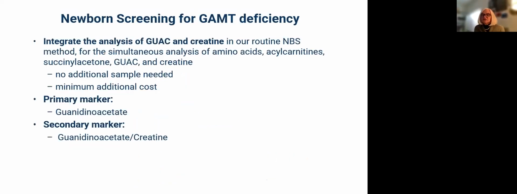So the goal, when we started working on newborn screening for GAMT deficiency, was to integrate the analysis of guanidinoacetate and creatine in our routine newborn screening method. This is possible, so we can measure these two analytes at the same time as we measure amino acids, L-carnitine, succinylacetone. This will allow us to screen for GAMT deficiency without the need for additional sample.